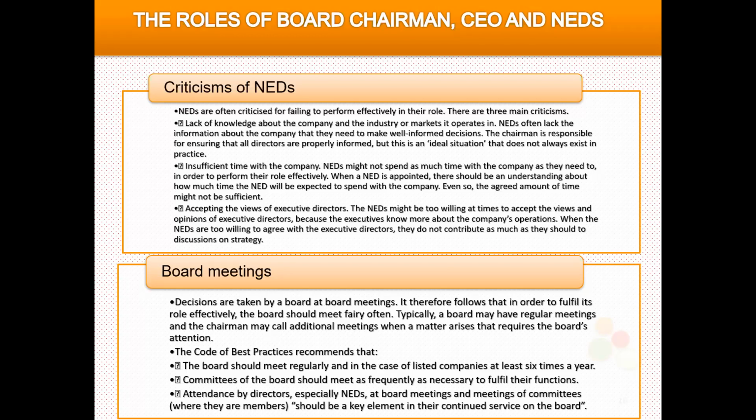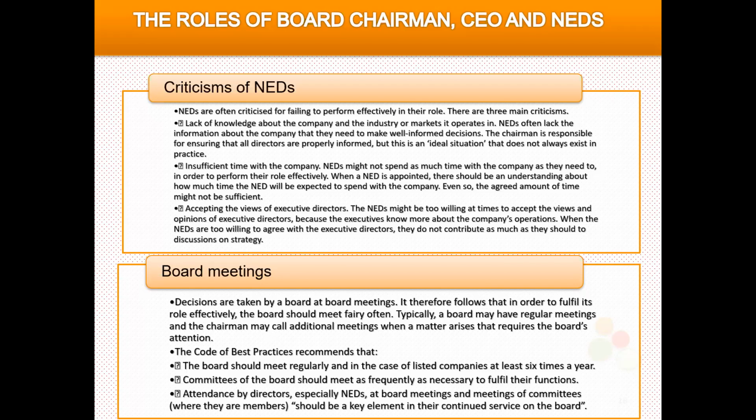So for example, you can bring an NED from Canada to be an NED for, let's say, Sinapiaba in Ghana. He might be experienced, but the Ghanaian market, he might not necessarily understand it.